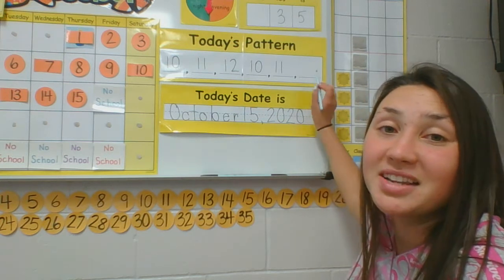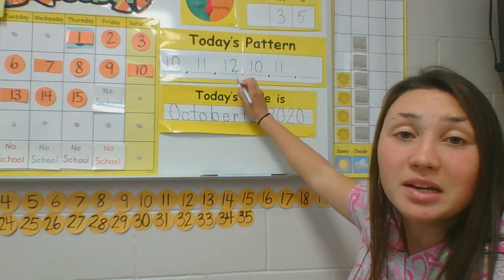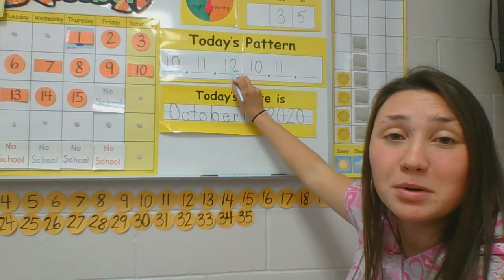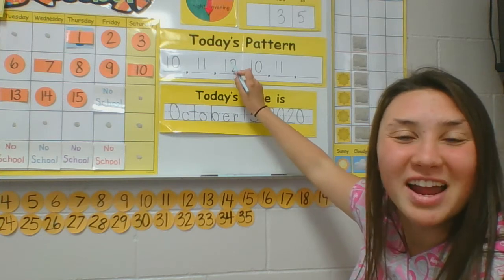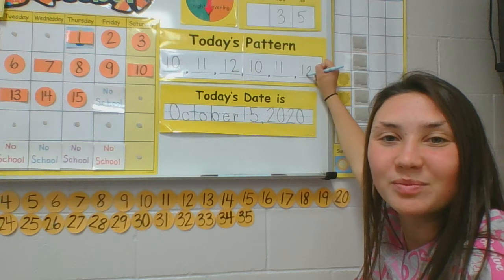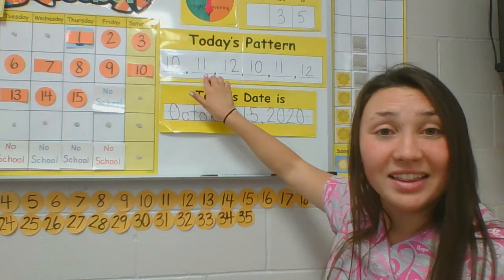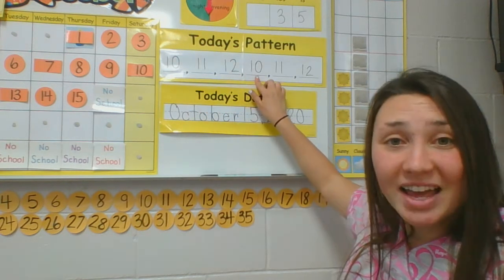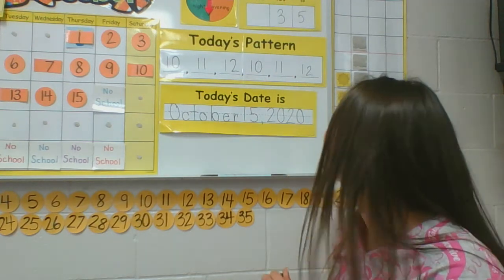And finally, our last number in our pattern today, in that set of 3 numbers, is 12, right? So go ahead and make your 12 for your last number. All right. Let's say our pattern together to double check it to make sure that we have it right. Ready? 10, 11, 12, 10, 11, 12. It repeats itself. So we know we did it right.